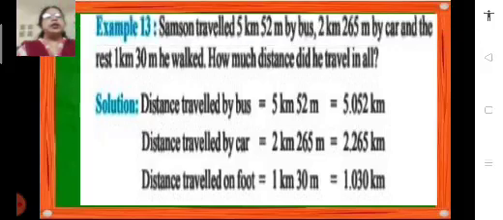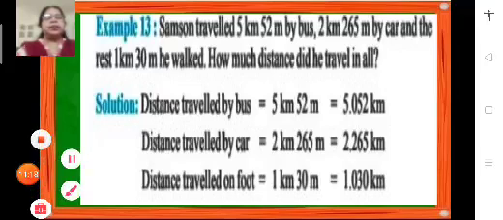Next question. Samson travelled 5 kilometers 52 meters by bus, 2 kilometers 265 meters by car and the rest, 1 kilometer 30 meters, he walked. How much distance did he travel in all? So we have to add all the distances given here.